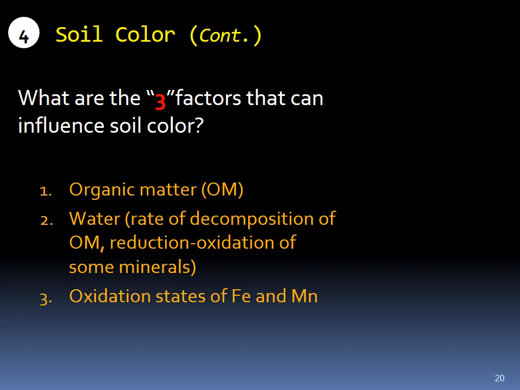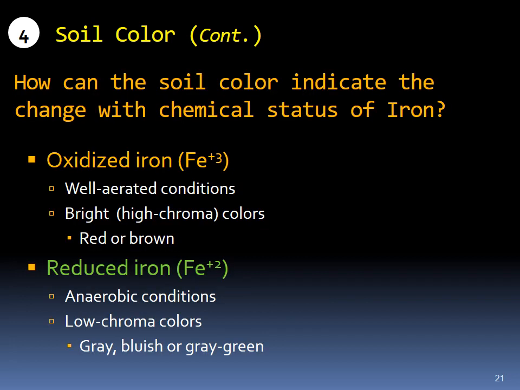So when you have more water, the soil becomes darker and the rate of decomposition of organic matter and oxidation will be reduced. The third factor is the oxidation state of iron and manganese, because these two minerals, when they change in oxidation status, reflect a different color in the soil. And to understand this more, let's go to the next slide.